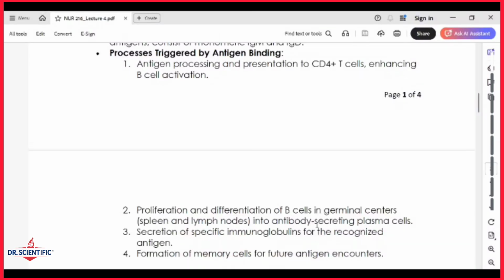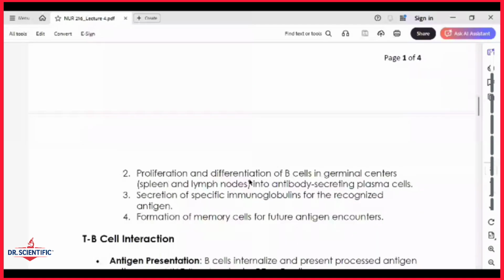They move to germinal centers, that is the spleen and lymph nodes. They mature from there and start secreting antibodies. They are therefore referred to as plasma cells. They are no longer referred to as B cells. They continue generating antibodies against a specific antigen.